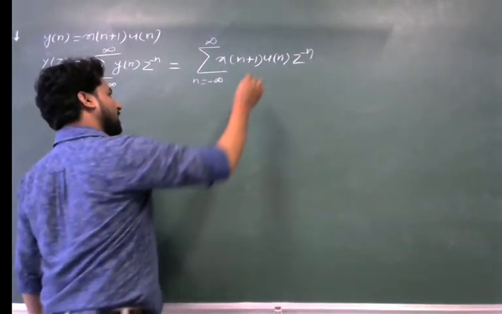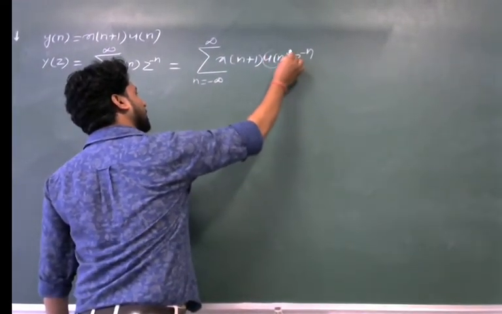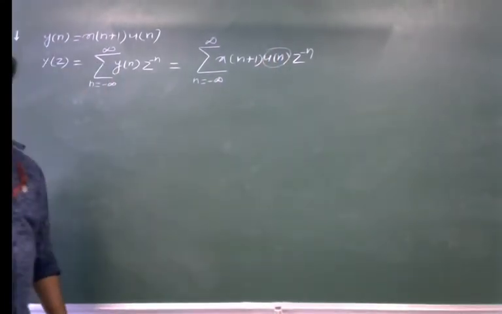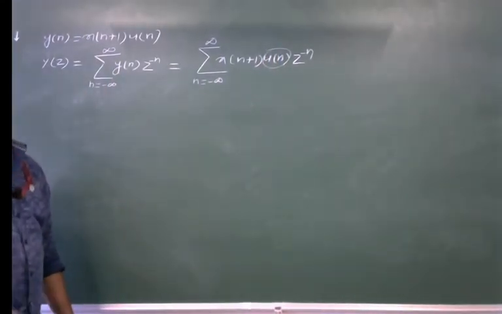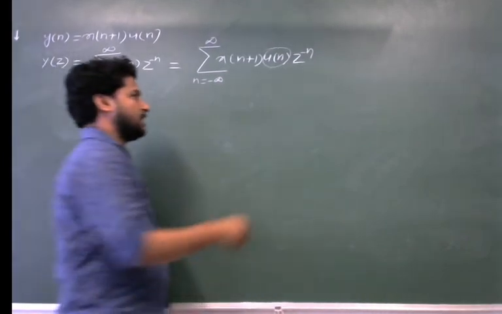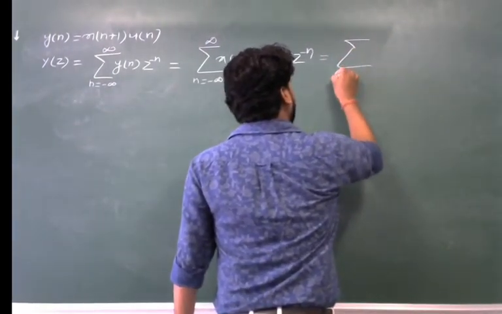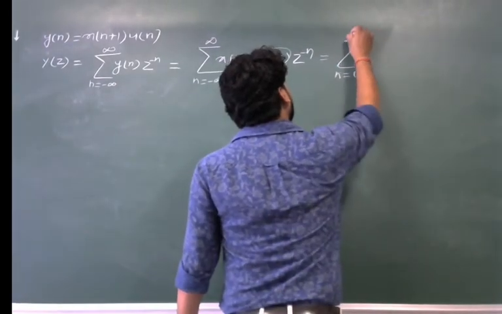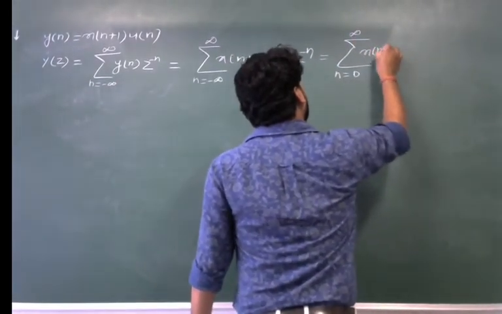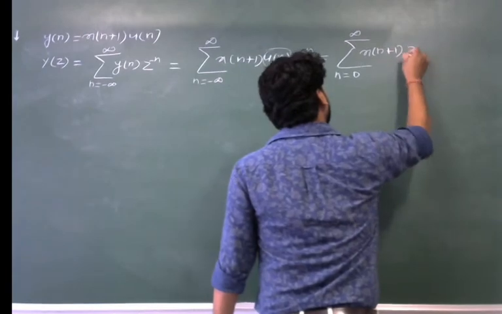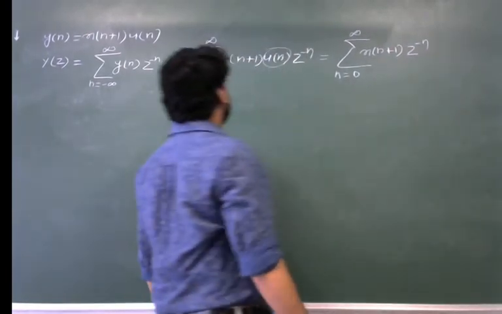Because u of n exists only for the positive values of n, we remove the negative values of n from this summation, and this will become the sum from n equal to 0 to infinity of x of n plus 1 into z power minus n.